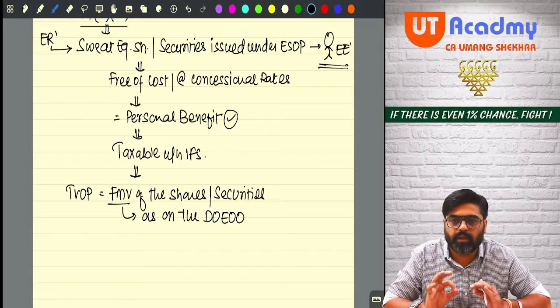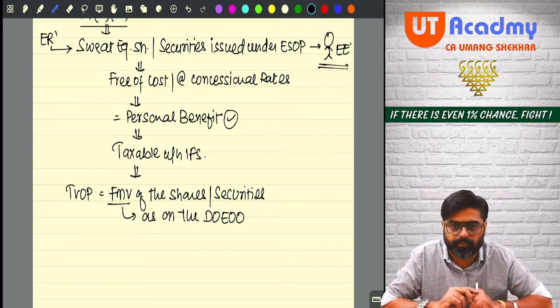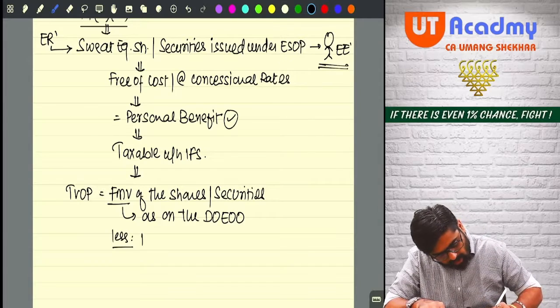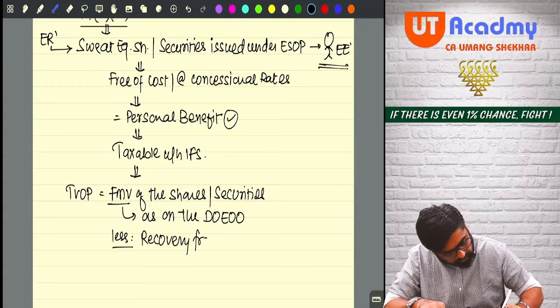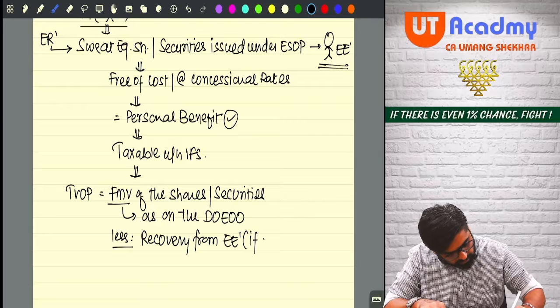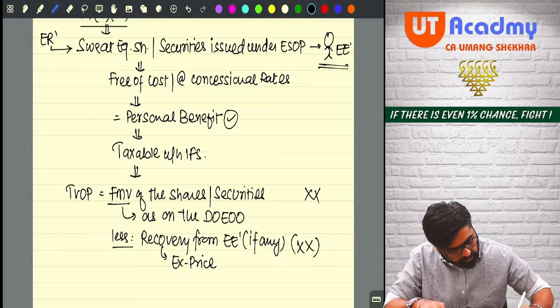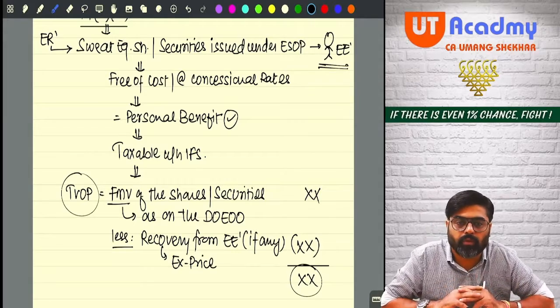DOEOO means date of exercise of option, minus amount recovery from employee, if any. This recovery is also known as exercise price. So if you take the fair market value, you reduce the exercise price, whatever balance will remain, that balance will be the taxable value of this perquisite.